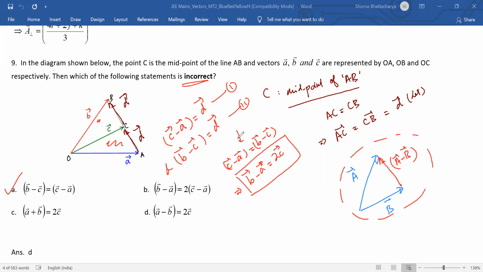Oh sorry, this is B plus A. You're bringing this to this side. So A plus B is 2C. This statement is also correct.